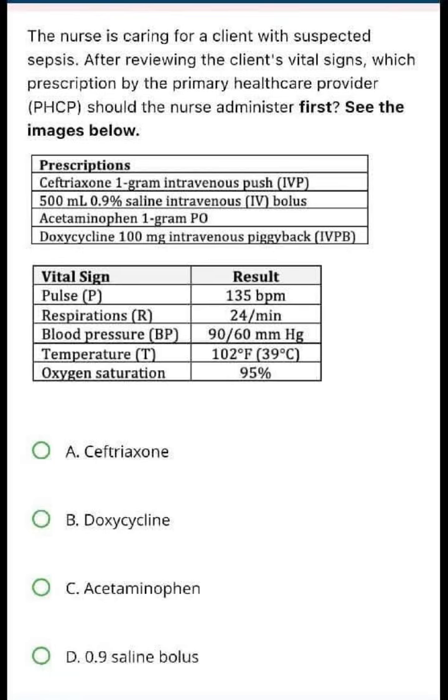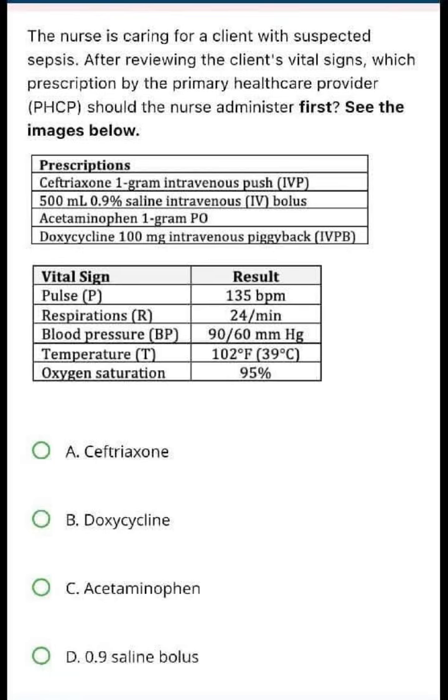However, how do we know which of them we should use first? The first rule that is applicable when you are faced with options that look confusing is to apply the ABC rule of life.